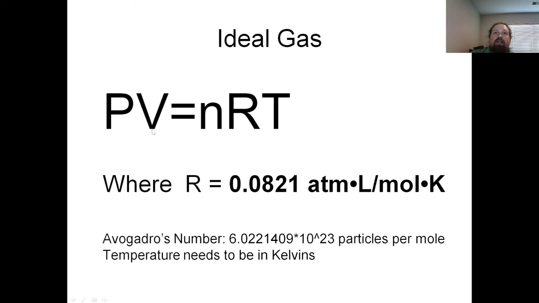The reason it's in this formula is because if you have more gas particles present, those particles are naturally going to bounce off of each other more and affect the pressure and volume of that gas. Additionally, the temperature of that gas will affect its pressure and volume, because the higher temperature something is, the more it's going to try to expand, and the more it's going to bounce off of itself and its own container.